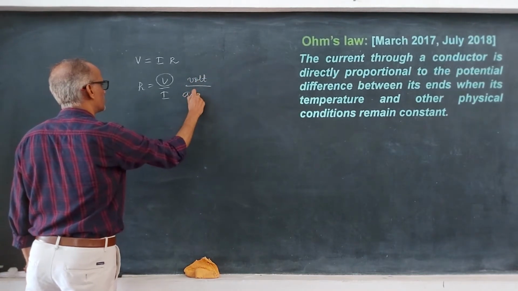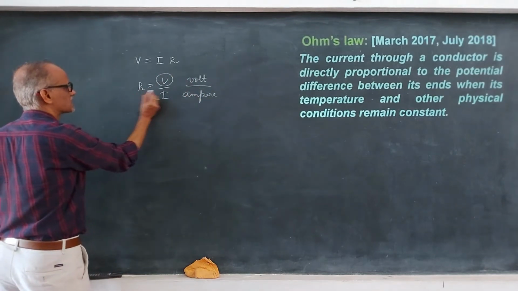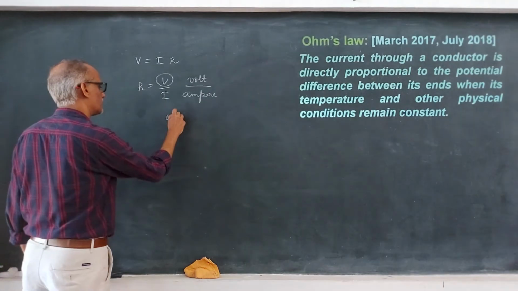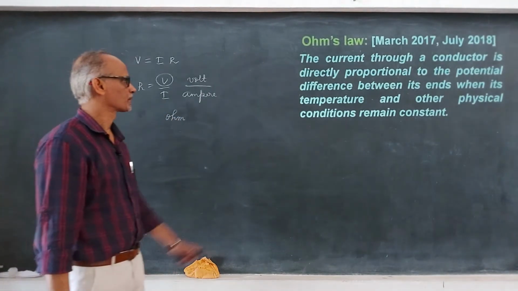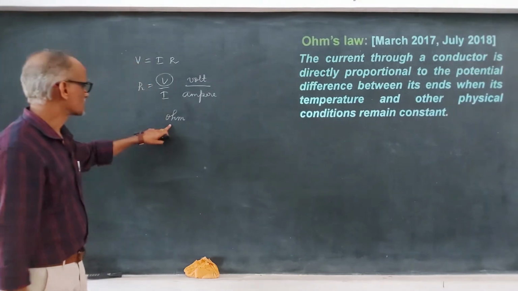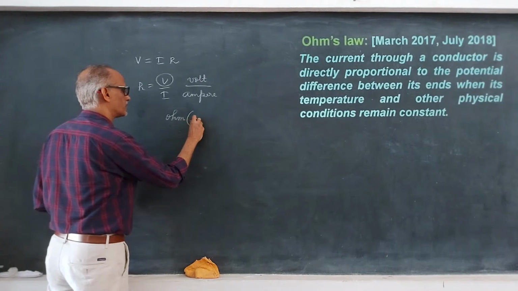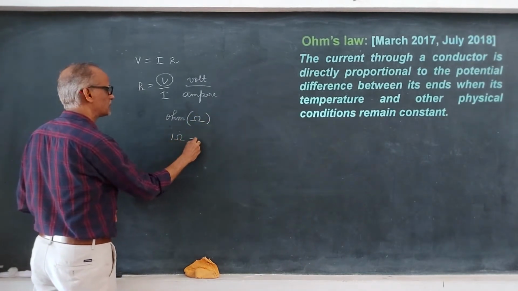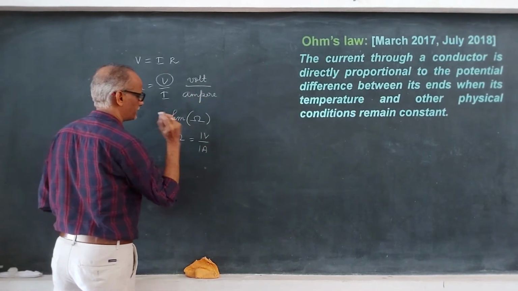Current is measured in terms of ampere, and so the unit of resistance is volt per ampere, but we have an alternative unit named after Ohm. So, that is why the unit of resistance is ohm and omega is the symbol used for it. So, 1 ohm is equal to 1 volt by 1 ampere.